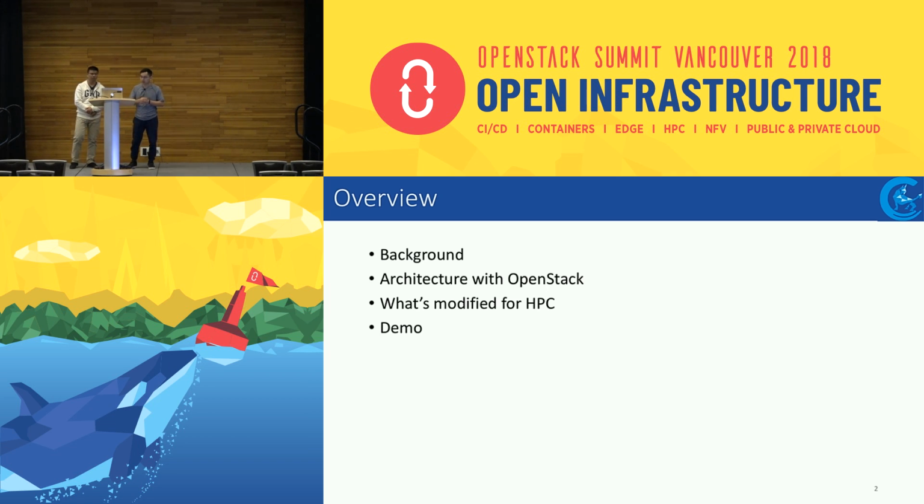After that, we are digging into some more details about what we have done to meet the requirement to integrate a traditional HPC system and OpenStack to achieve the best performance in our system. The last part is a short demo which will demonstrate the workflow from an end user's perspective.